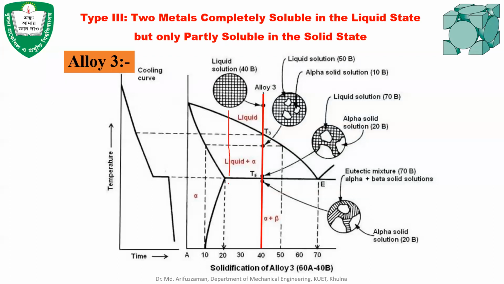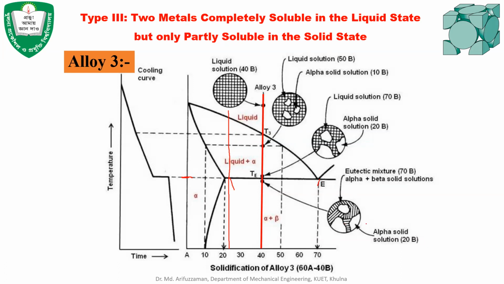if we have an alloy in this region, at this temperature, how much solid is present? That can be represented from this point to that point, right?